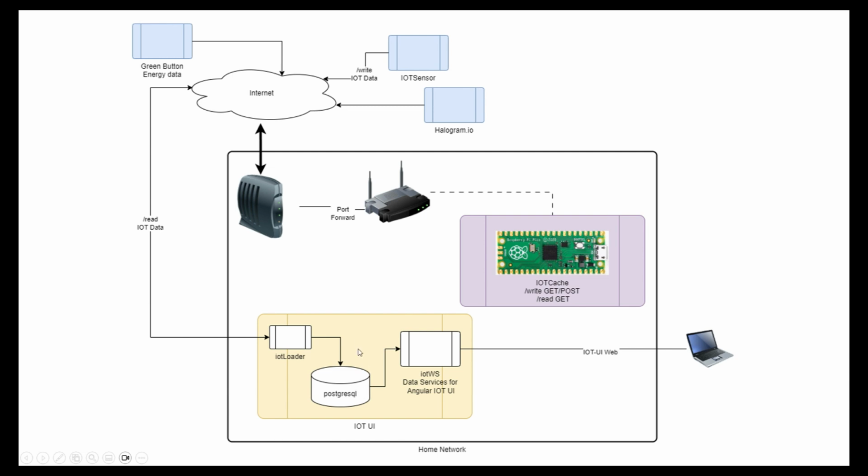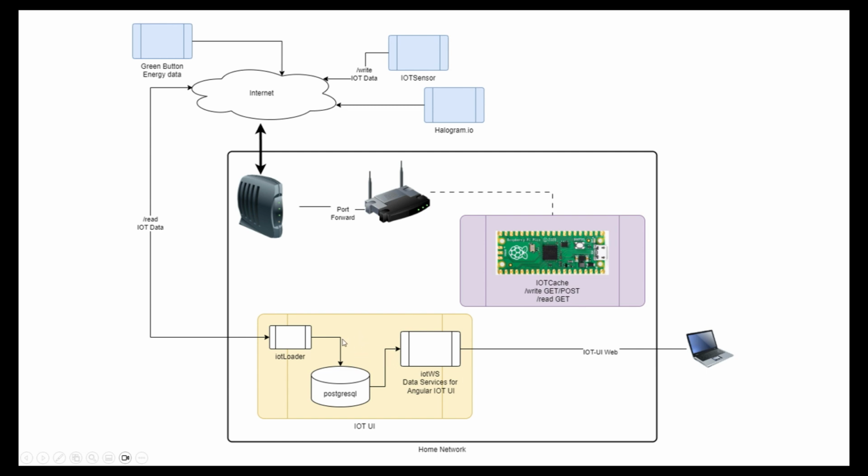The next part down here in yellow is my main server. I'm using a Raspberry Pi 5 with SSD, and that's because I'm running a database, so I really need an SSD to manage the disk.